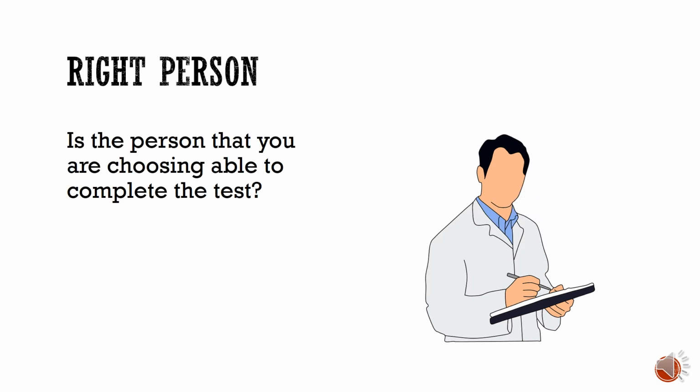All right, so the next right is the right person. With this, we need to make sure that we're picking the right one for the job. We need to see if the person is knowledgeable, if they have the skill. So you can have one RN that just came out of nursing school, and then you can have another nurse that's been working on the unit for about 10 years.